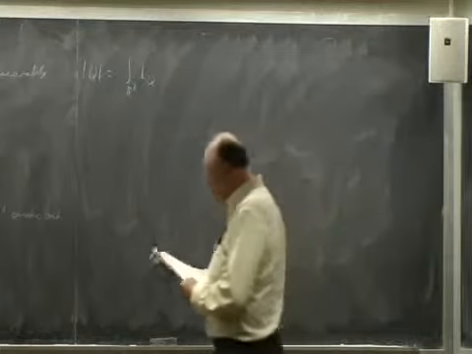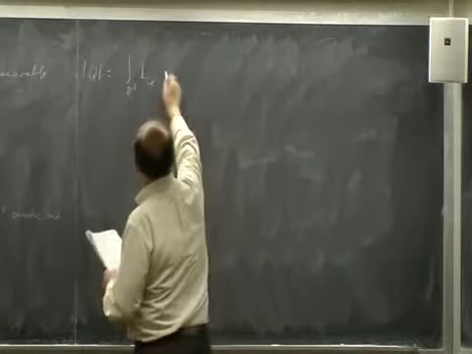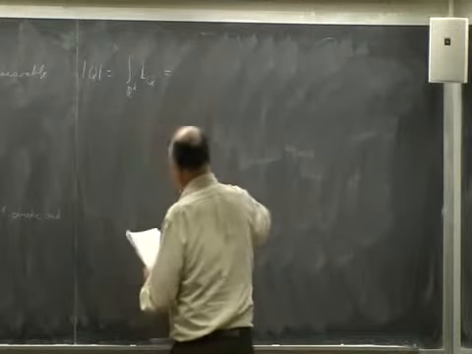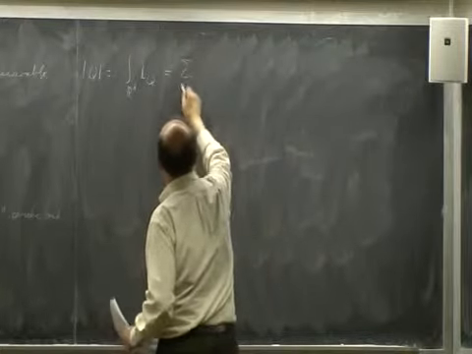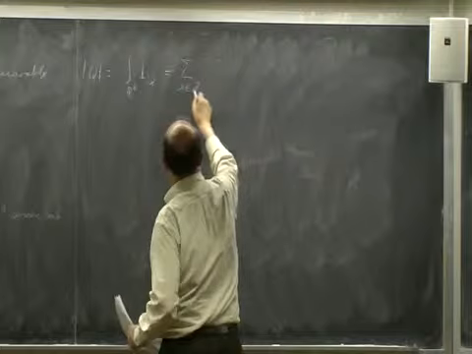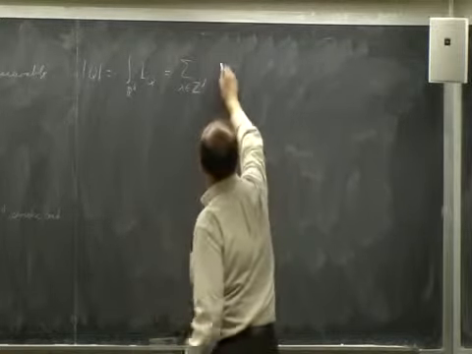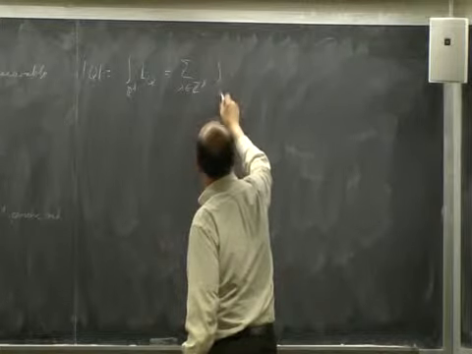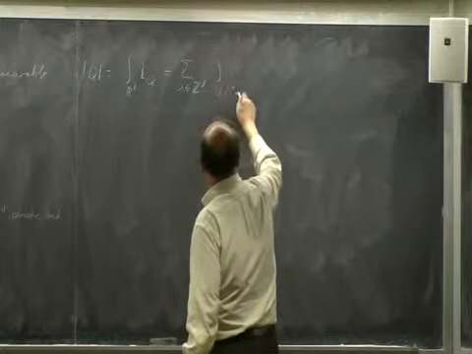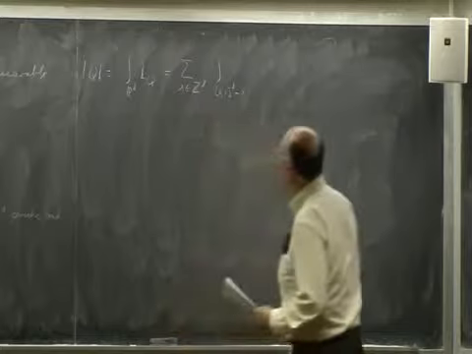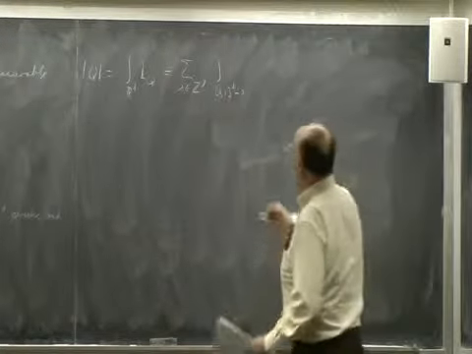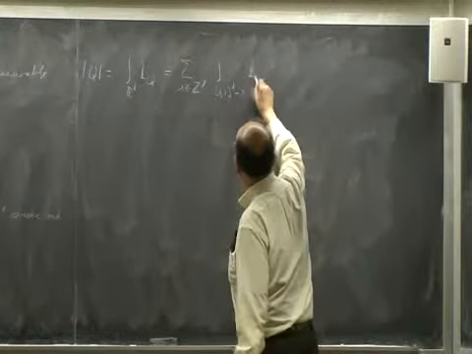And then we're just going to split that up to be the sum over all of our Z^d of the integral over [0,1]^d minus lambda of the characteristic function, right?